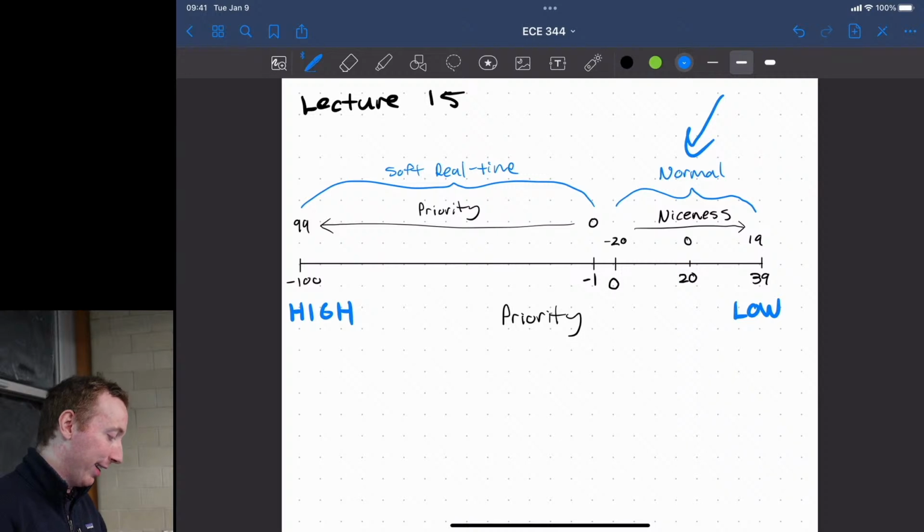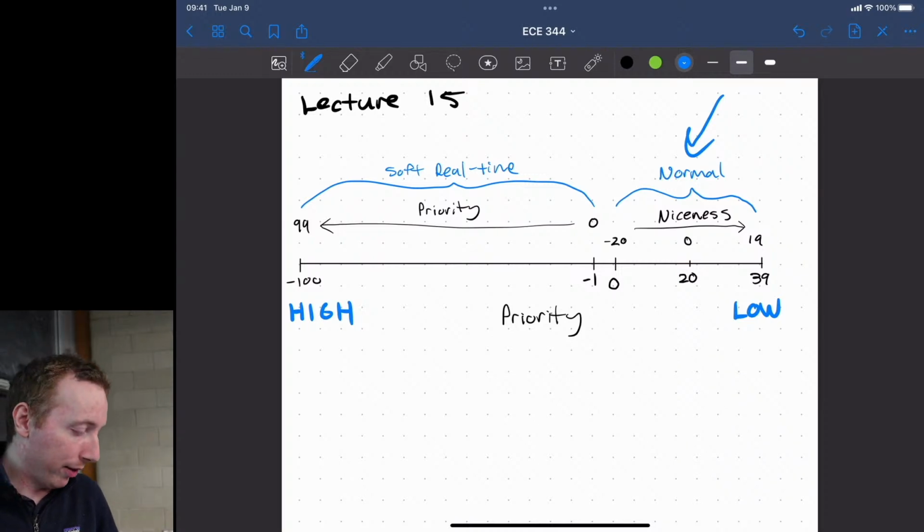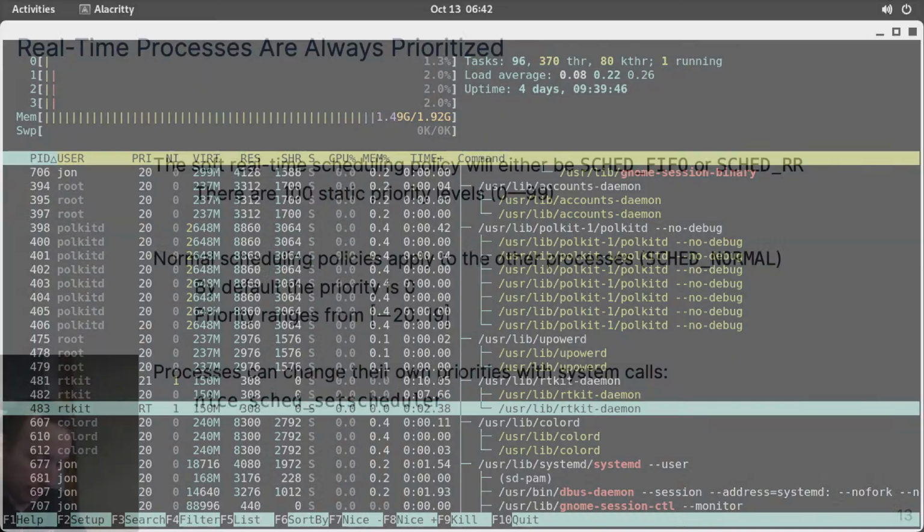So a 99 soft real-time process on the unified line would correspond to -100, and a 0 soft real-time, the lowest priority, would correspond to -1. So if we see any negative numbers in the PRI column, that means it's a soft real-time one. Unfortunately, if it just says RT there, it means it's -100, and in that case the niceness doesn't really matter.